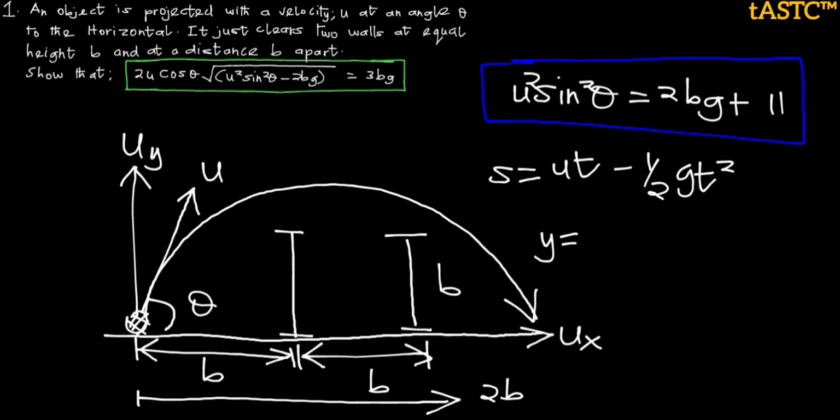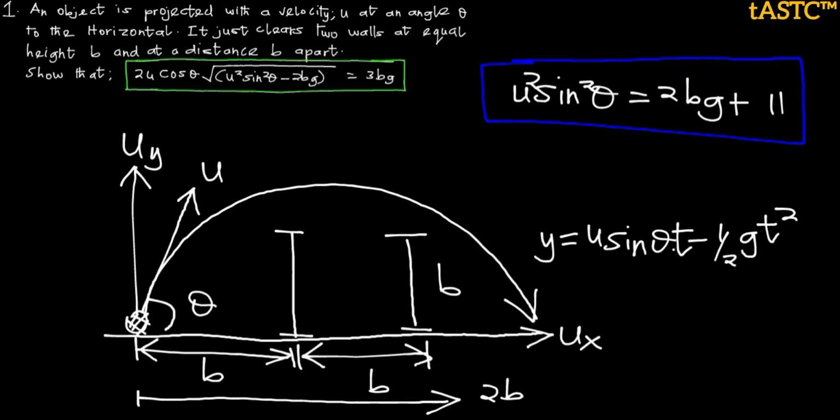So that is what you're going to have. Now, if we want to do that, we need to use the vertical component for the velocity, which we said should be u sin theta. So in this case, we're going to have u sin theta, and that will be minus 1 over 2 gt squared. Well, so I needed to add this t. So that is going to be there. And so that is what you're going to have.